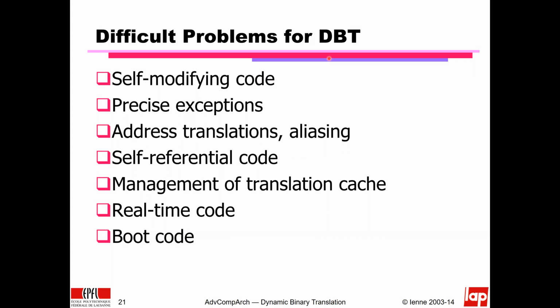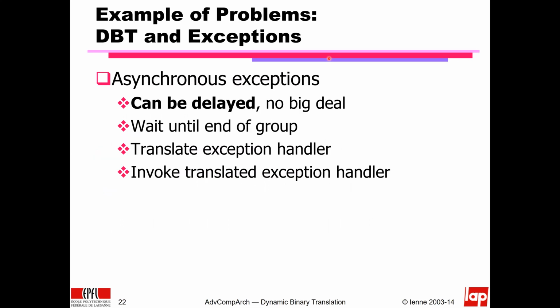Okay, so some of the problems disappear, maybe with a little bit of work. So what happens, for instance, with precise exceptions? Exceptions are always around as one of the problems, right? It's the usual story. There are asynchronous exceptions, like an IO exception, an interrupt, some of the peripherals that want attention.